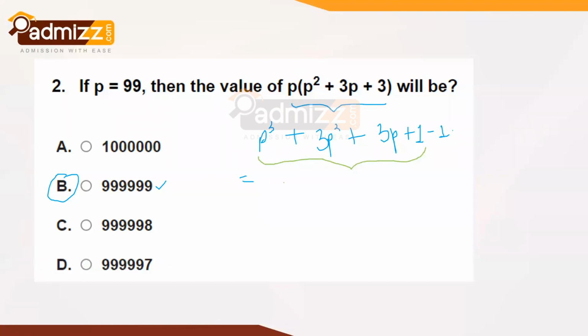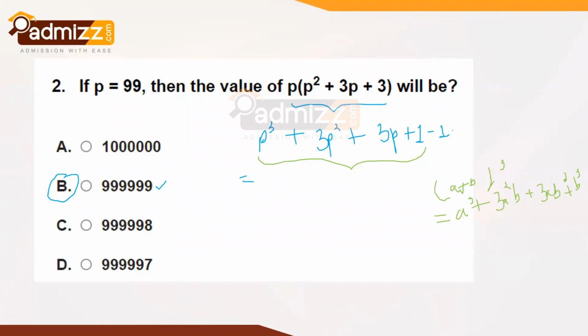Now we know the formula for a plus b whole cubed. A plus b whole cubed is equal to a cubed plus 3a squared b, plus 3ab squared, plus b cubed.